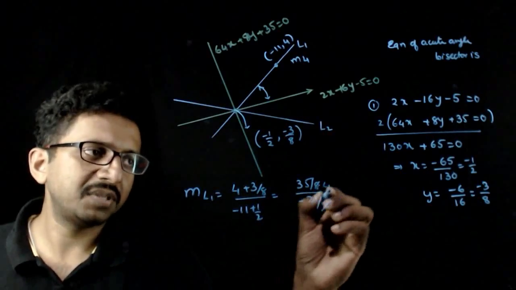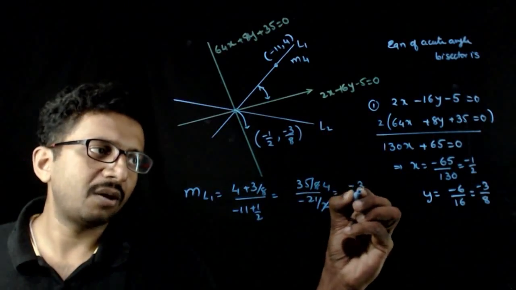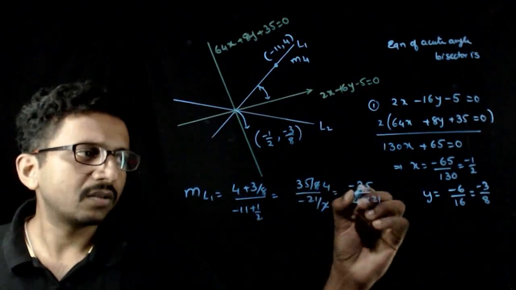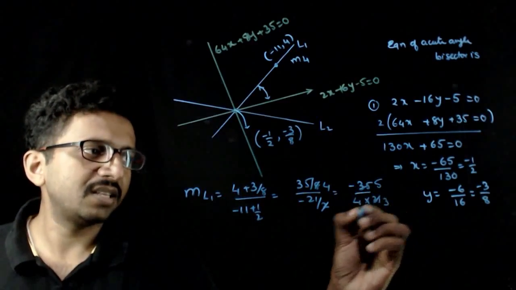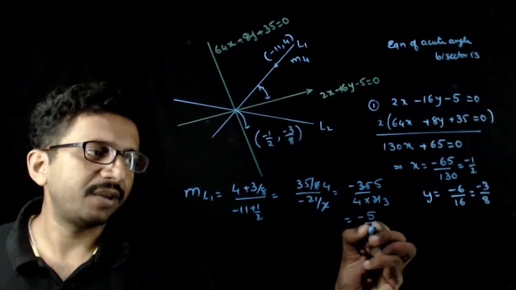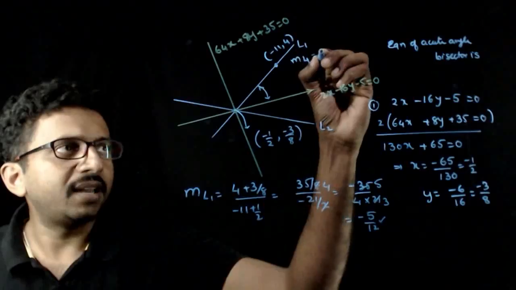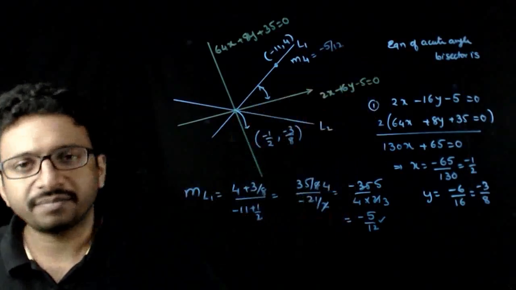So that is equal to minus of 35 by 4 into 21. That is equal to minus 5 by 12. So the slope of my line L1 is minus 5 by 12.